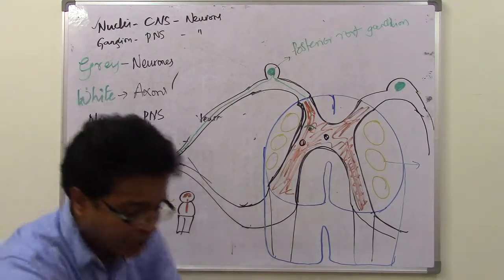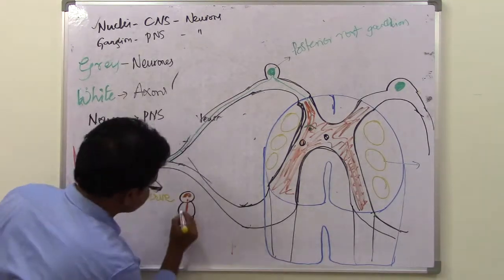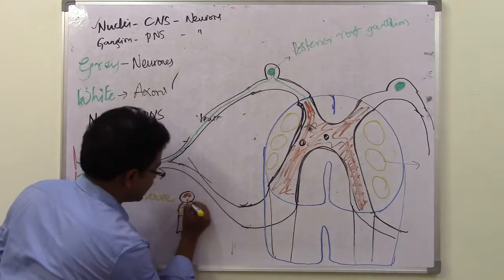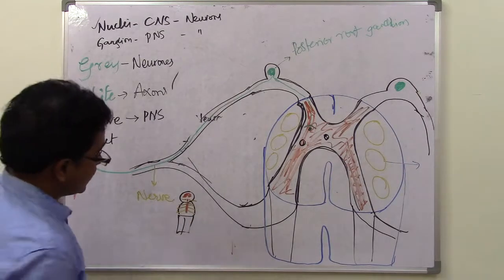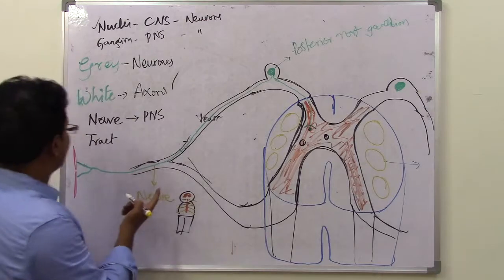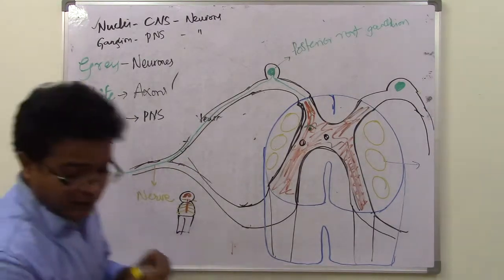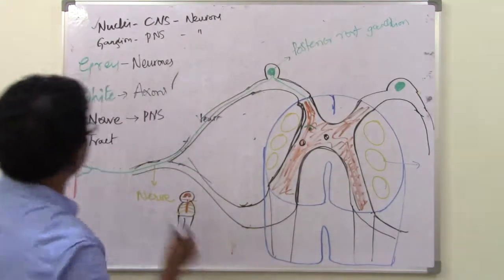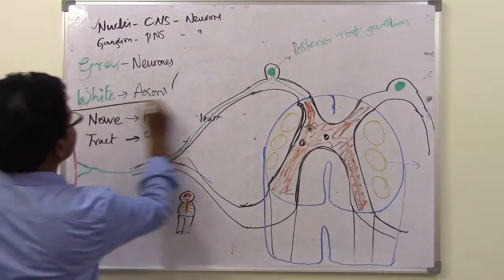The nerve, as long as it is staying outside of the central nervous system, which is both brain and spinal cord. The moment this nerve enters into the spinal cord, it is entering the central nervous system. So from there onwards, these are called what? Tracts. Tracts in the central nervous system.